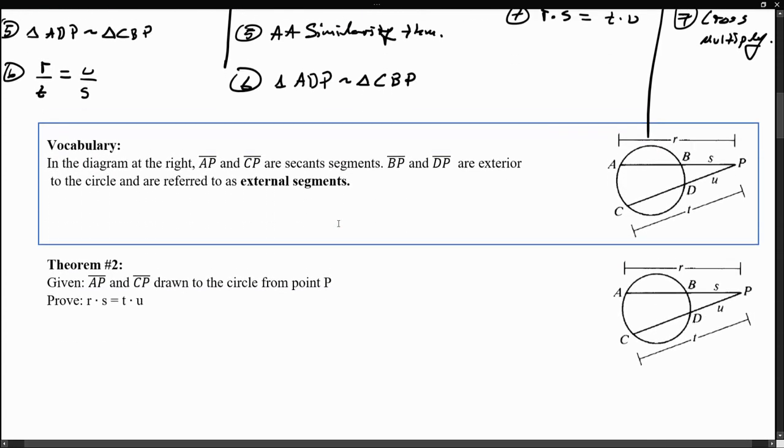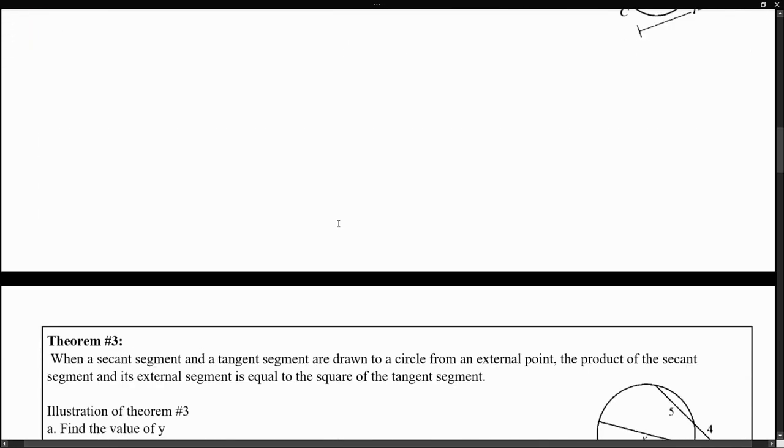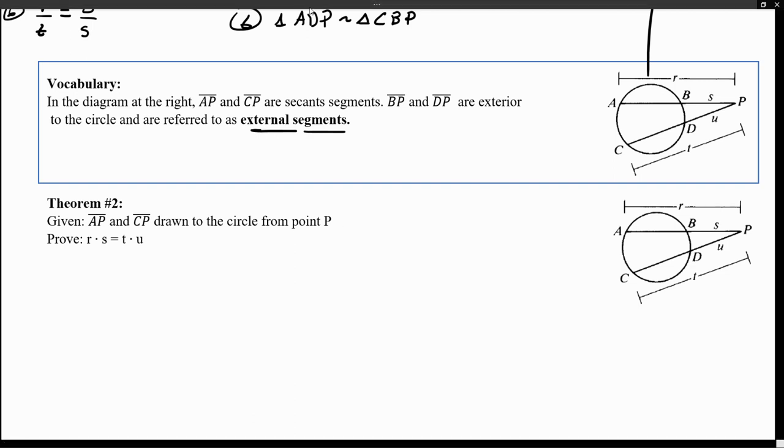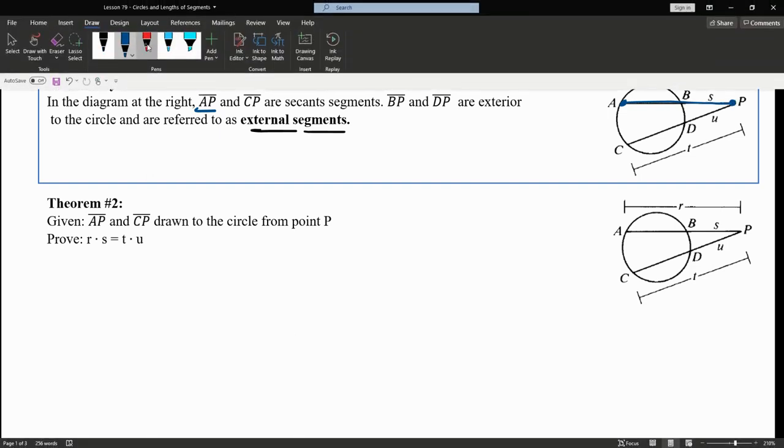Now we move on to the next theorem that we're going to be discussing today. Before we do that, we want to discuss another vocabulary word, and that is the idea of an external segment. So in the diagram on the right hand side, notice that we have two secant lines. We have the secant line of AP, which we know is a secant line because it intersects the circle at 2 points. And also we got CP.